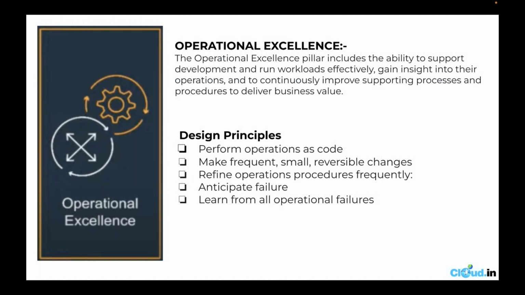Some of the key components of this pillar are continuous improvement, which involves continuously evaluating and refining your processes and systems to optimize efficiency and reduce errors. This includes various tools such as automating, monitoring and alerting, or identifying areas for improvement.